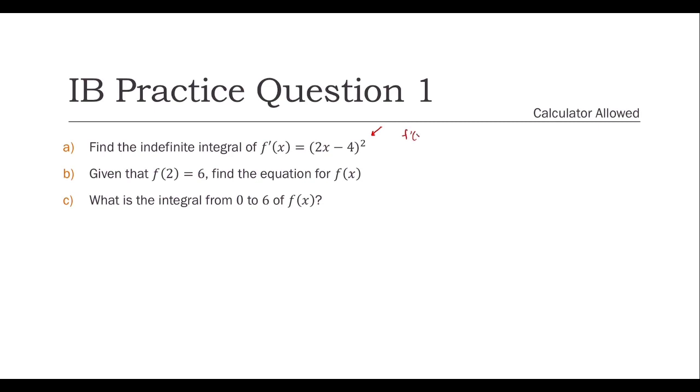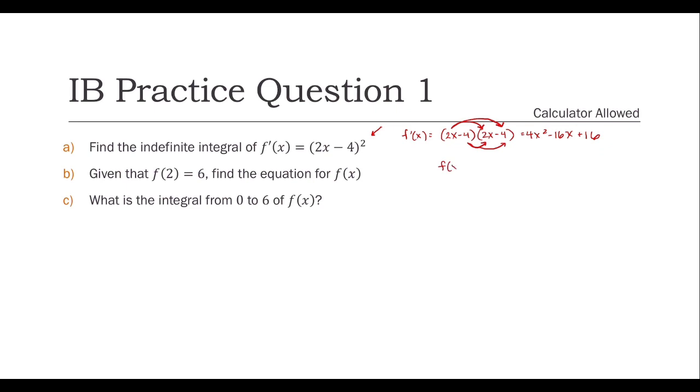So we have f prime of x equals 2x minus 4 times 2x minus 4. So when we distribute, we'll get 4x squared minus 8x, and then minus another 8x, so minus 16x, and then negative 4 times negative 4 is plus 16. So we want to find the indefinite integral of that.